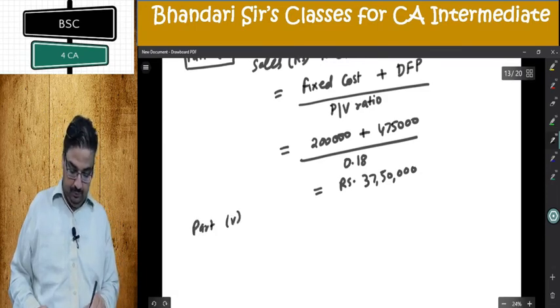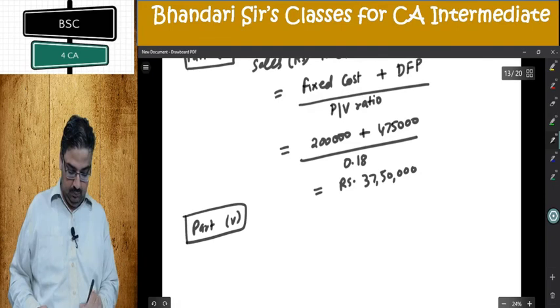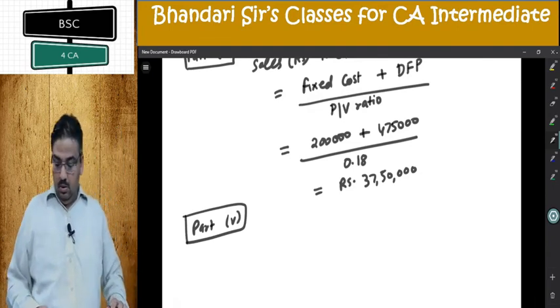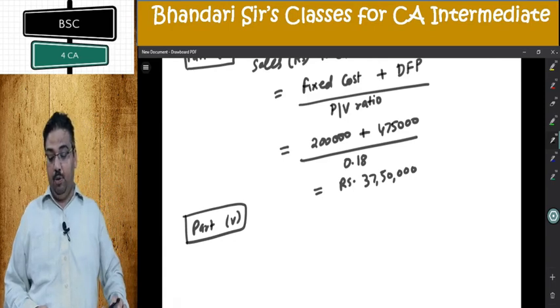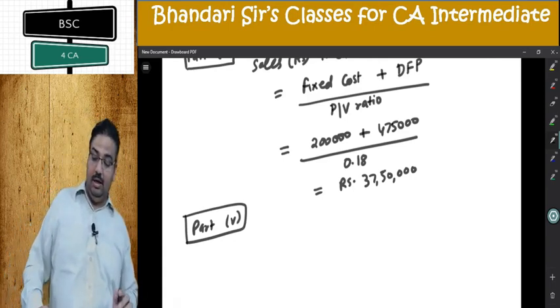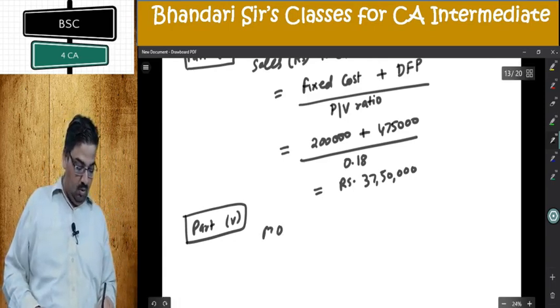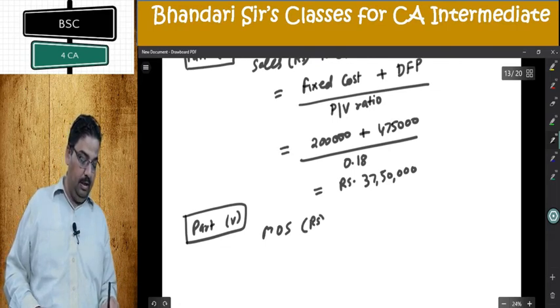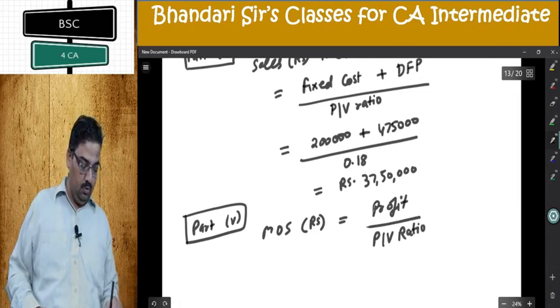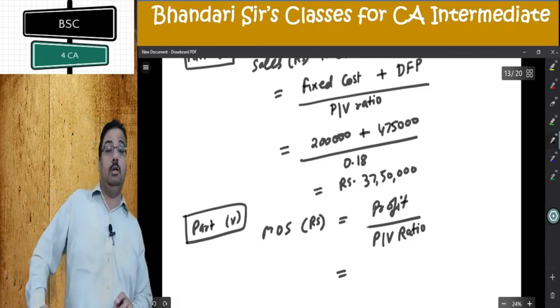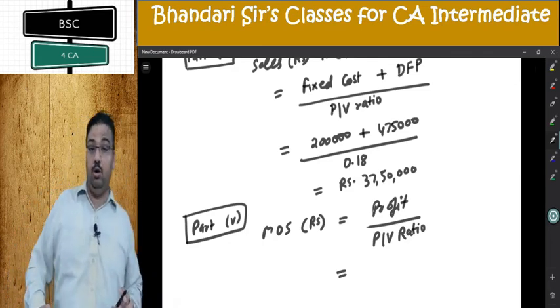Part 5. Margin of safety at a profit of 2,70,000. Margin of safety in rupees, one of the formulas is profit divide by PV ratio. Remember all alternative formulas. They are making the questions very easy if you apply them.